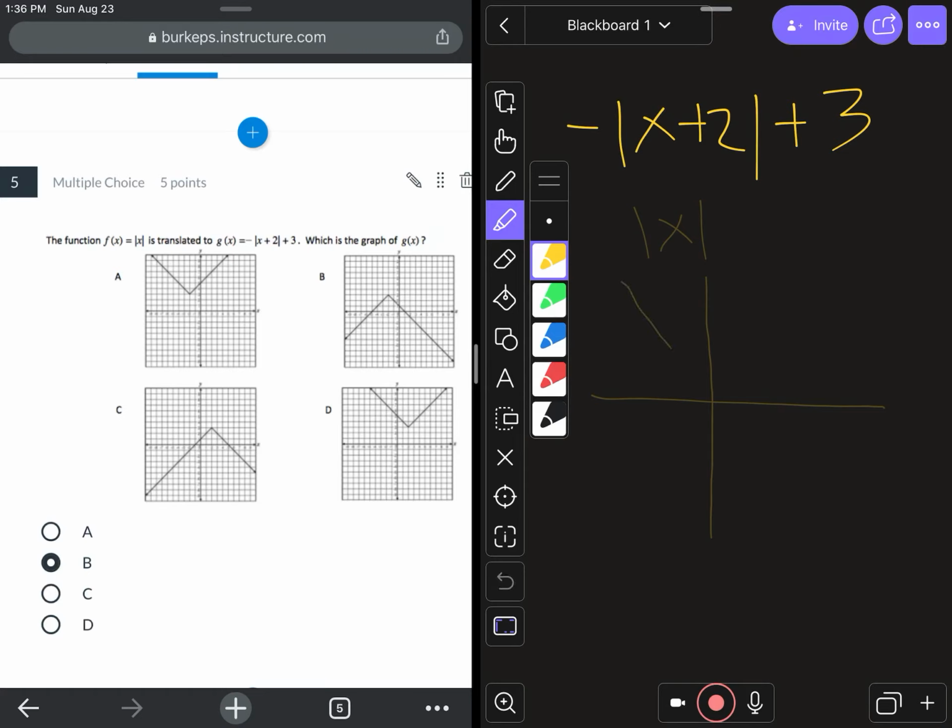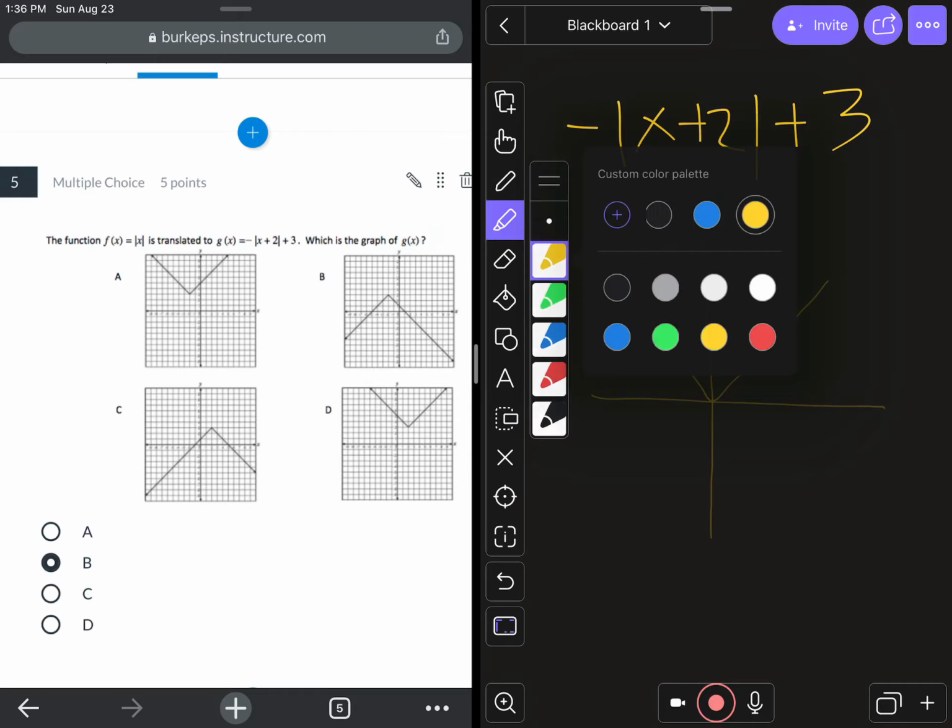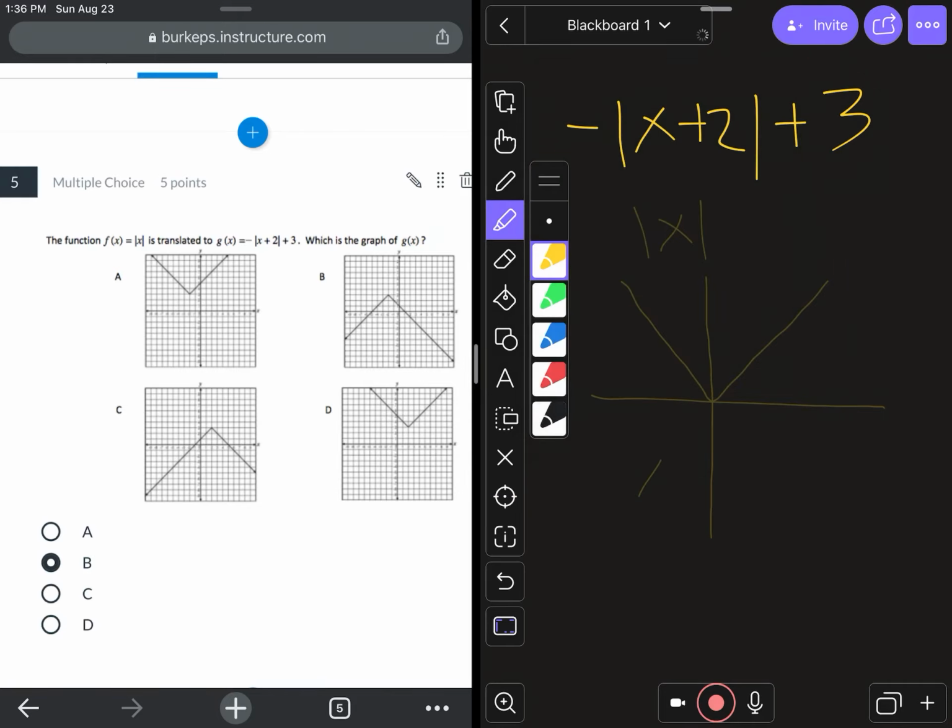Okay, remember this is the absolute value of x. This is the graph that will be shifted around. Well, we're going to start by flipping it over the x-axis because that's what that negative right there tells you to do. So I'm going to flip this graph over the x-axis.